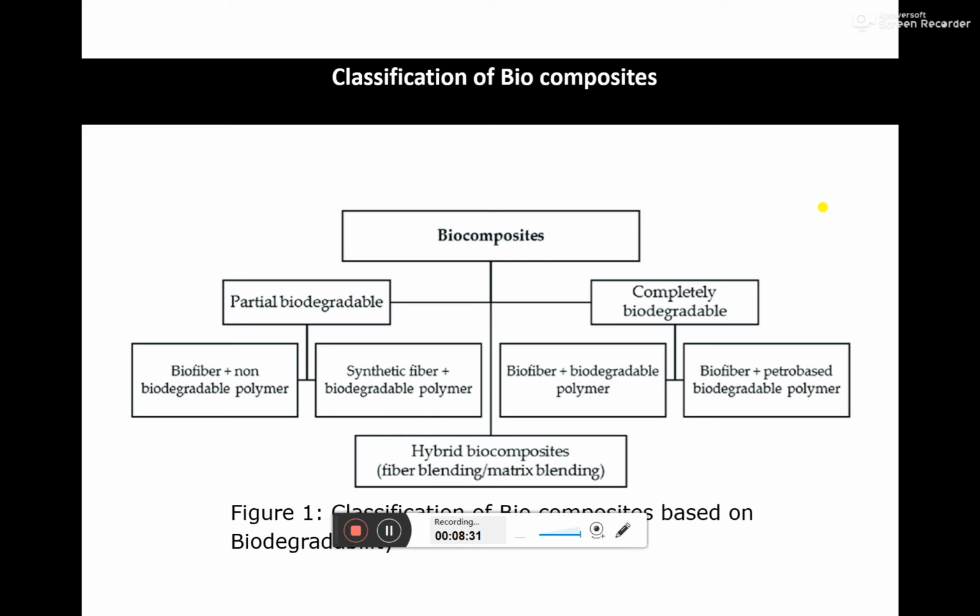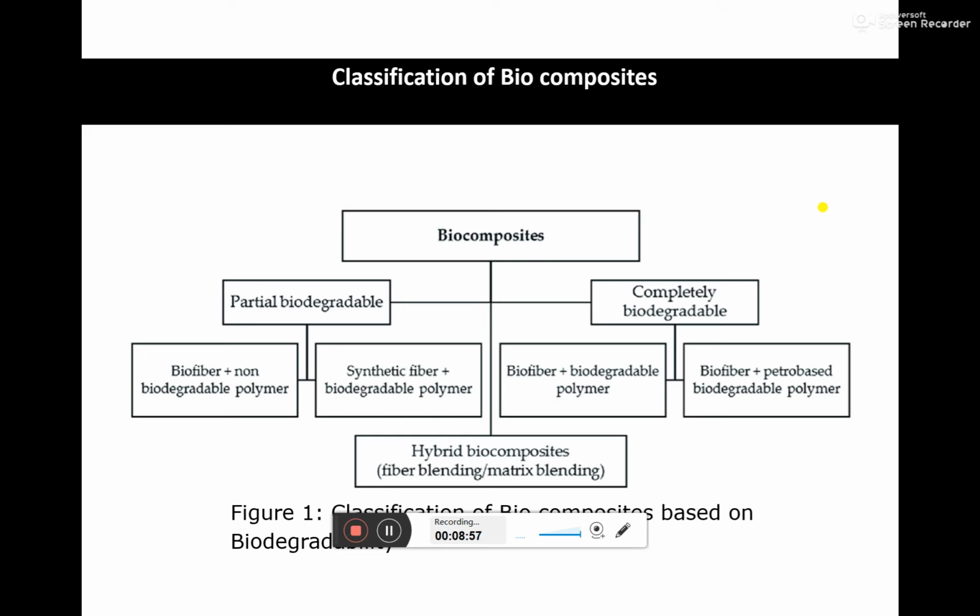We already saw that in the biocomposite material there are two constituent elements. One is the matrix material. We can use biopolymer as the matrix material, or we can use different types of plant fibers or animal fibers as the reinforcement.